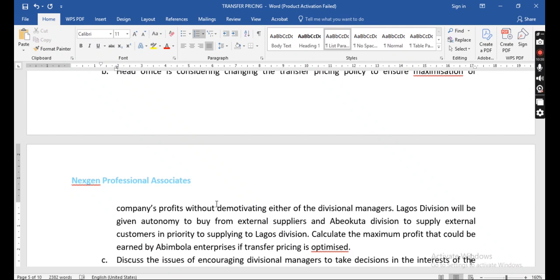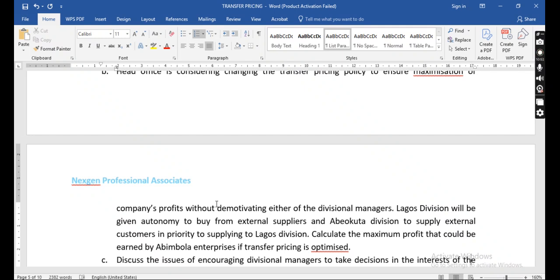So Lagos can buy from external. The policy now has changed. It is not the usual that you must buy internally, so they can actually get it outside.